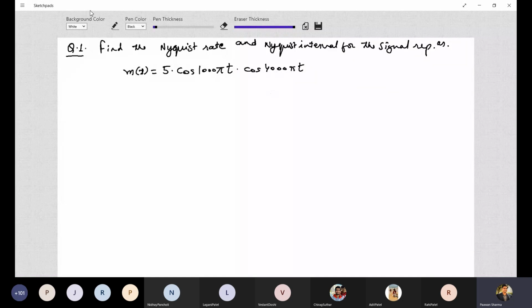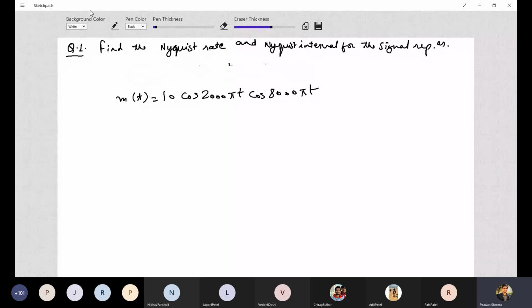The second is m(t) given as 10 cos 2000 pi t cos 8000 pi t. So please everyone tell me what will be the Nyquist rate and Nyquist interval.